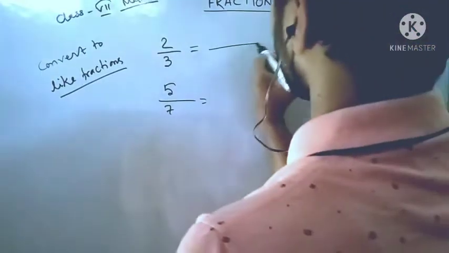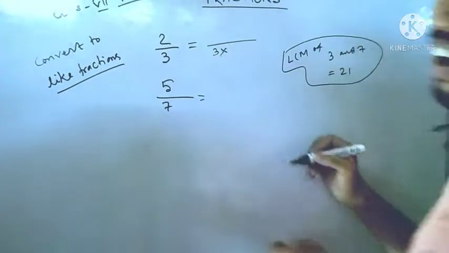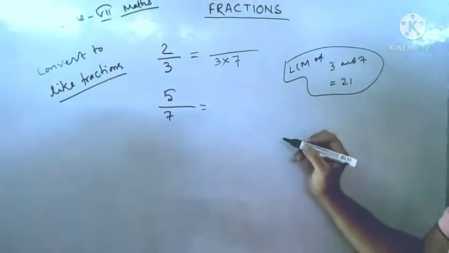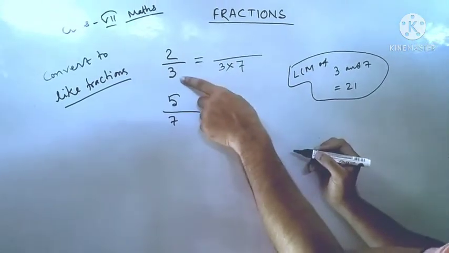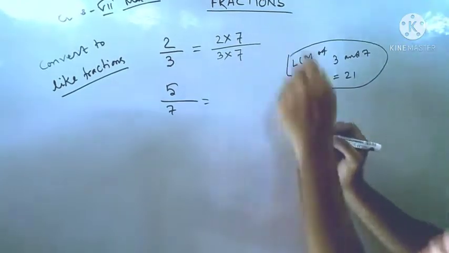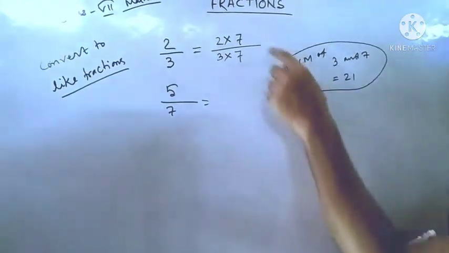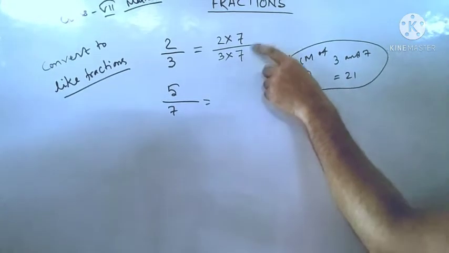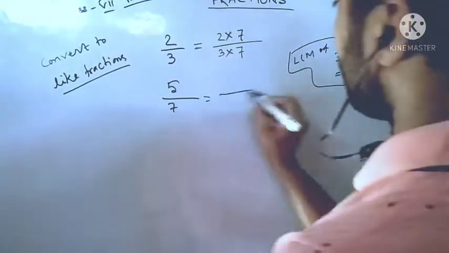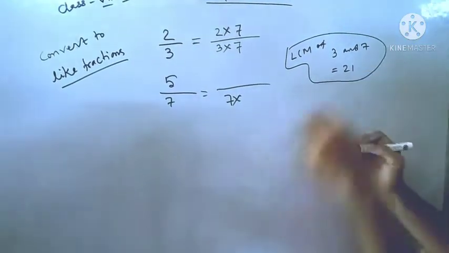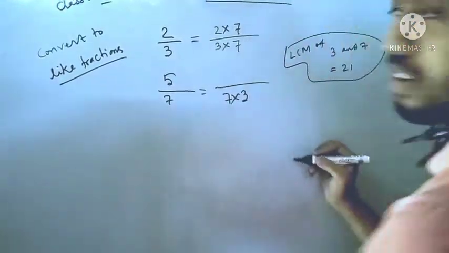Okay, so 3 into 7 means 21. Because we have to make 21, we multiply by 7 here, and we have to multiply by 7 in the numerator also. Okay, because we multiplied the denominator, we have to multiply the numerator also by 7. Now 7 into how much gives 21? 3.